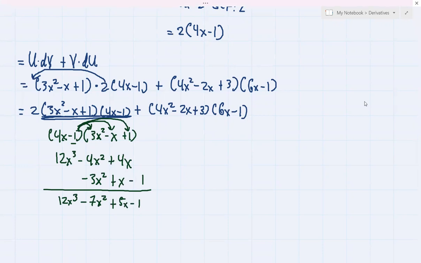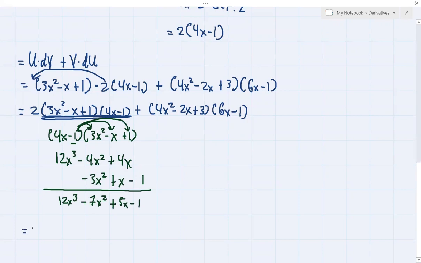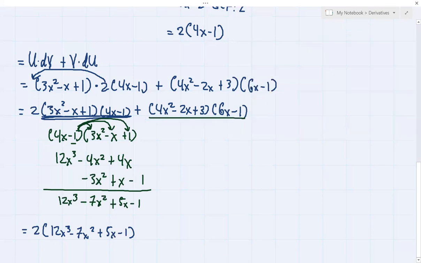So, therefore, you have, sa first term, you have 2 times quantity 12x cubed minus 7x squared plus 5x minus 1. Okay? Ngayon, dito naman tayo sa second term. Ito naman.